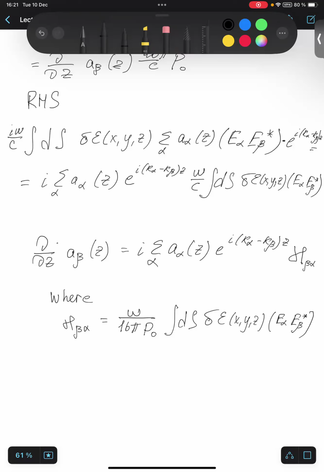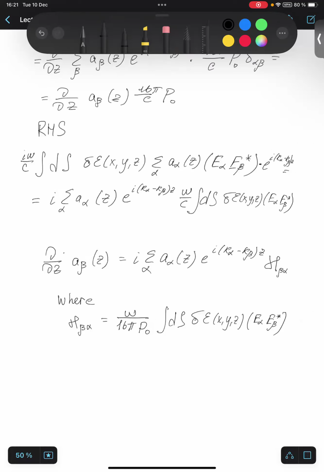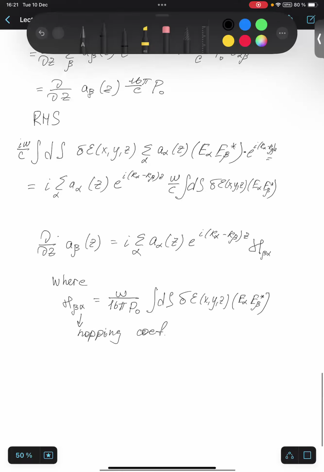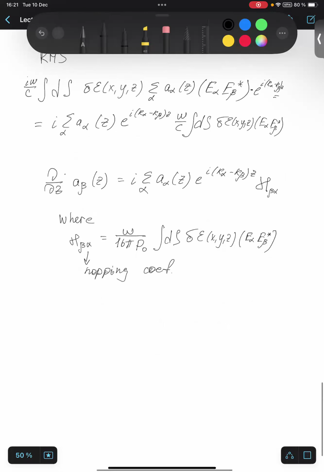Yes, and this coefficient is called the hopping coefficient. So basically, if you don't have any perturbation in permittivity, you will just have one mode, and that's all.